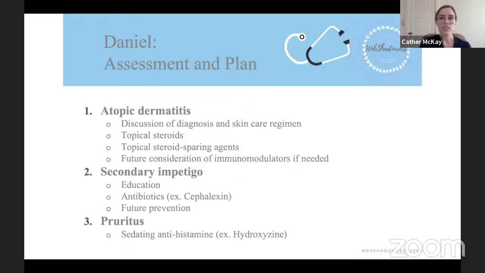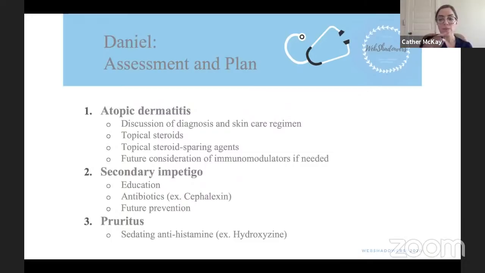So there's certain differences in the lipid barrier and whatnot. I tend to see it maybe more in African American patients, but all races can and do get atopic dermatitis, and have varying levels of severity.